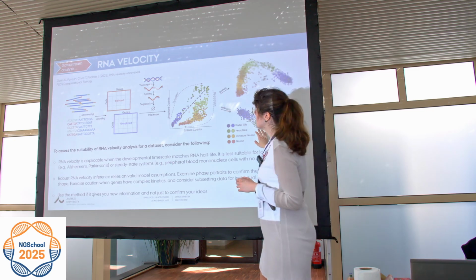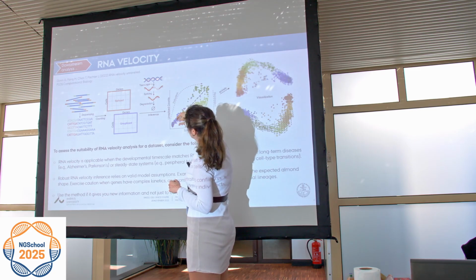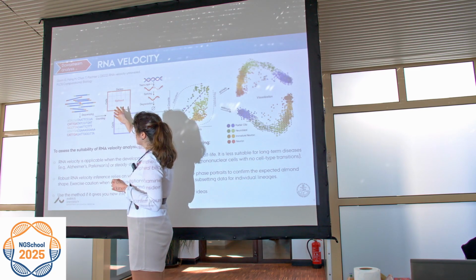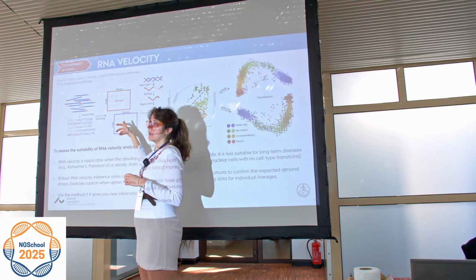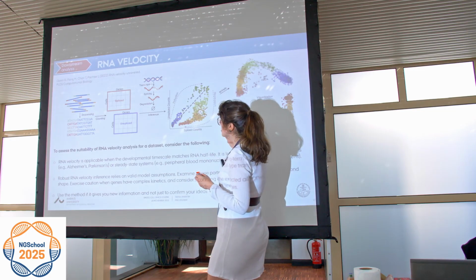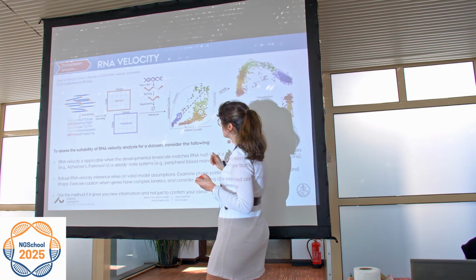First of all, the assumption is that, well, first the mechanism, how it works. mRNA has two stages, basically. It's spliced and unspliced. Unspliced comes first because it's so-called immature RNA, and then RNA matures.